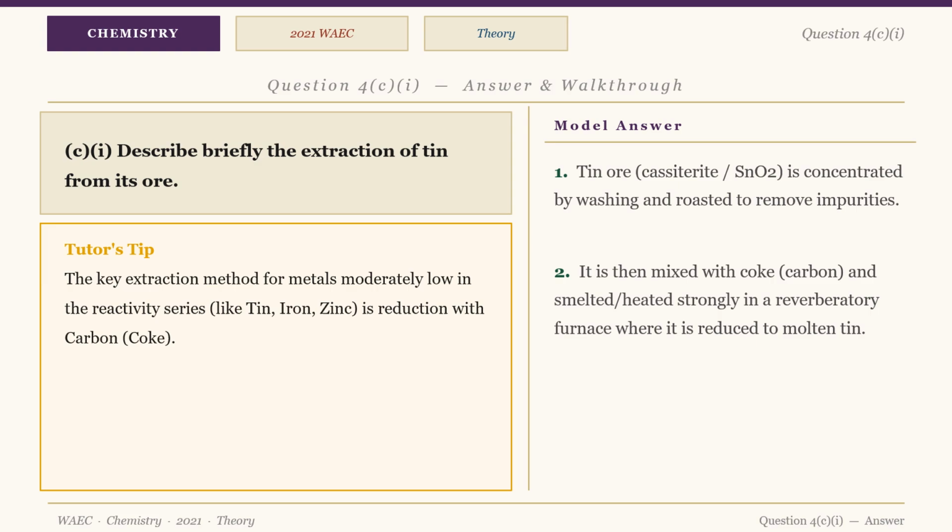So now number 2, it is then mixed with coke, which is carbon, and heated strongly in a reverberatory furnace where it is then reduced to molten tin.